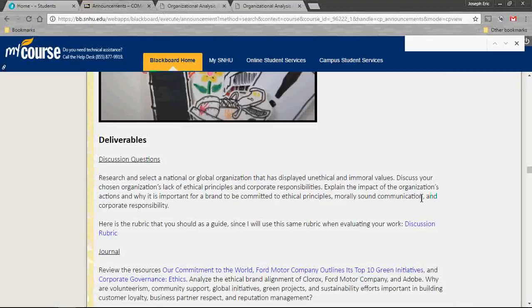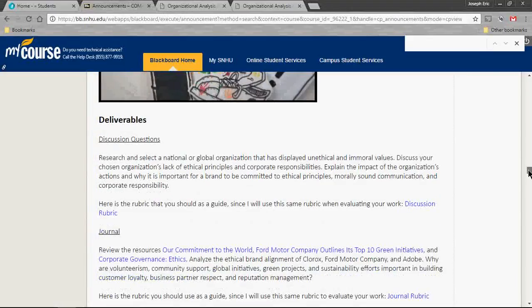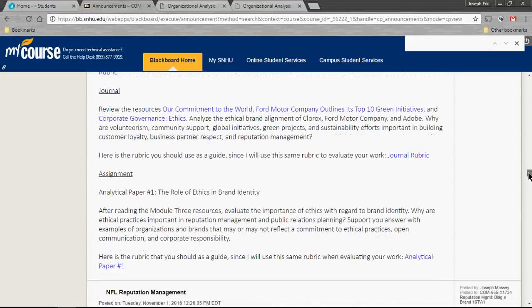Always go to the guidelines and rubric document for every graded work that you submit. There is always a corresponding rubric. I always attach, or let's say embed, in this case, a link to those corresponding rubrics.